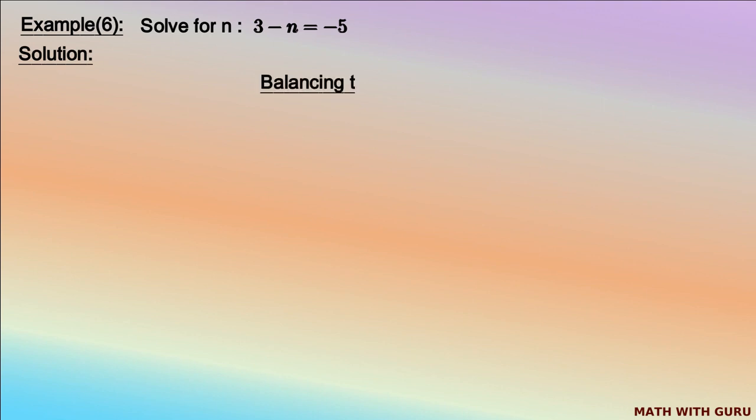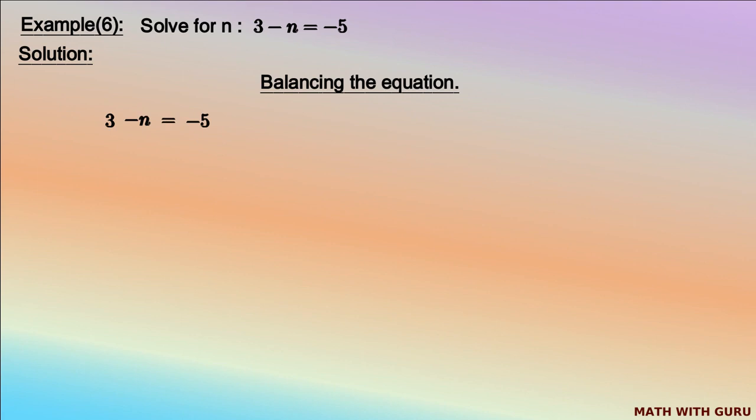Example 6. Solve for n. 3 minus n equals minus 5. Note here that the variable n has a negative sign. Let us solve this using the first method. 3 minus n equals minus 5.